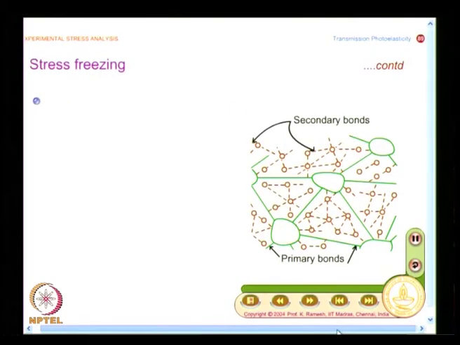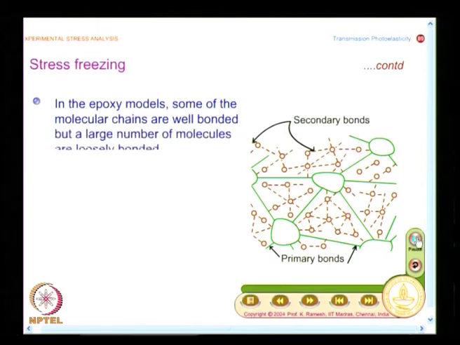This epoxy can be thought of as an assembly of secondary bonds as well as primary bonds. When I have an epoxy, schematically this is shown. In epoxy models, some of the chains are well bonded, but a large number of molecules are loosely bonded.